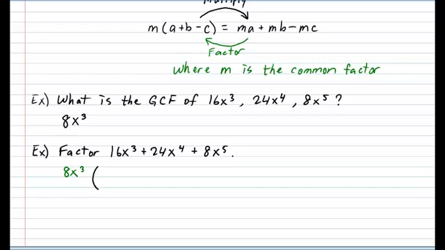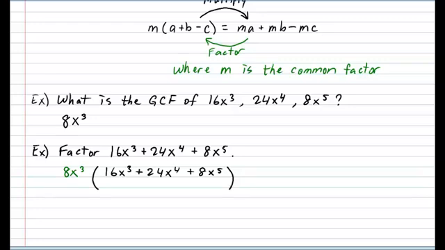Now, the second step involves filling in this bracket. But what do we fill it with? Easy. Take the original polynomial that I gave you, the 16x cubed plus the 24x to the 4 plus the 8x to the 5. Close up that bracket.